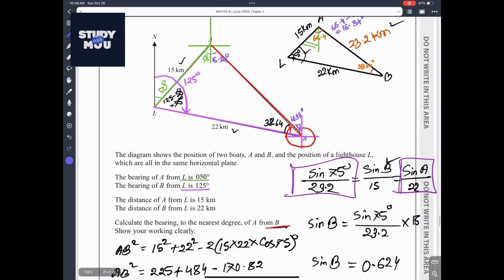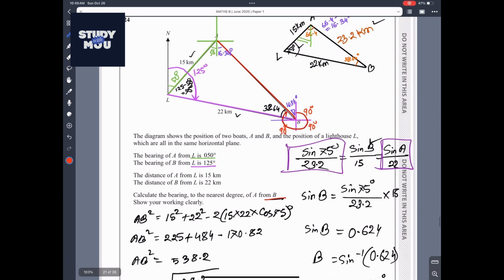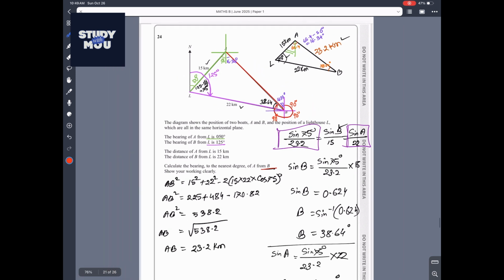Now we can do something like, we know this whole thing is 360, or we can also say this is 90 degrees, this is 90 degrees, this is 90 degrees, and we know 90 degrees minus 16.3, we can also do it like that, or 360 minus 16.34.